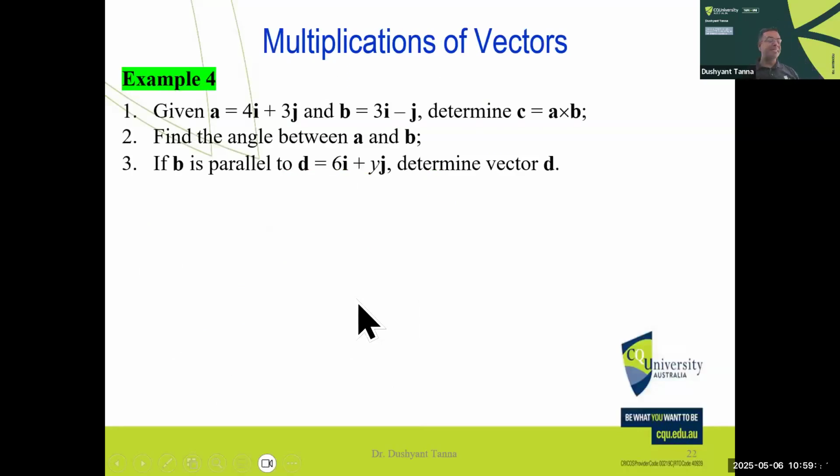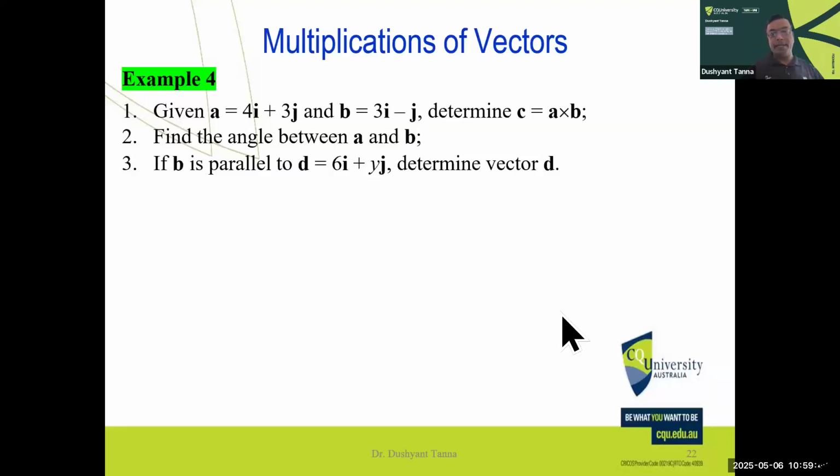One more example, a similar example, but rather than dot, we are talking in terms of a cross. Right. So let's put what we learned into context. So A is 4i + 3j, B is 3i minus j, vector C is A cross B. Right.